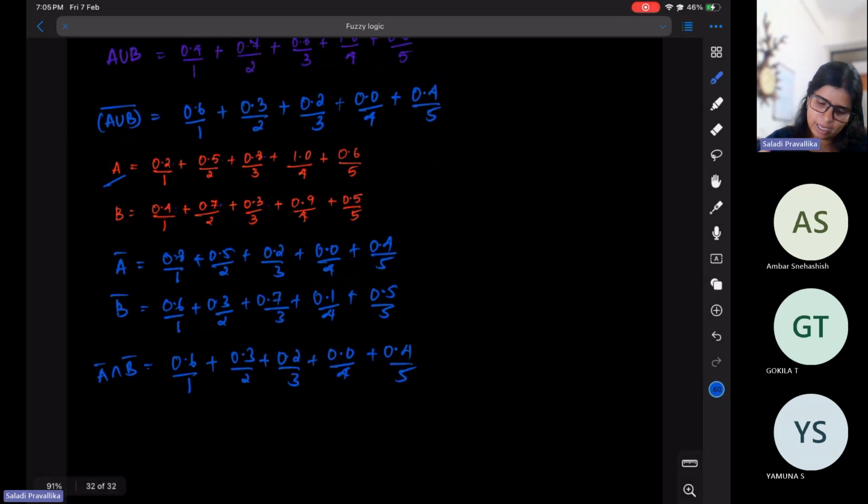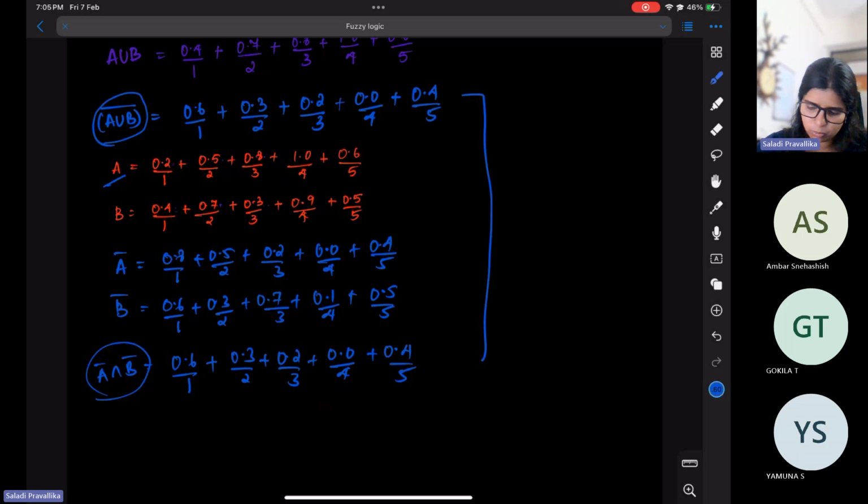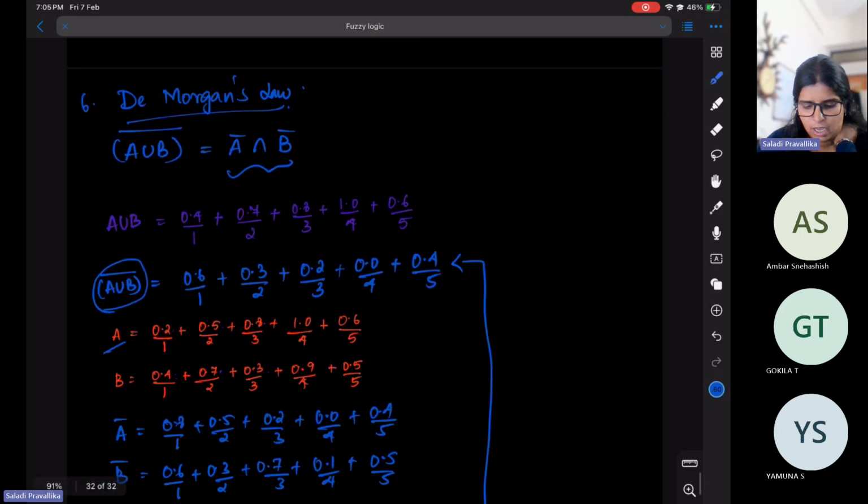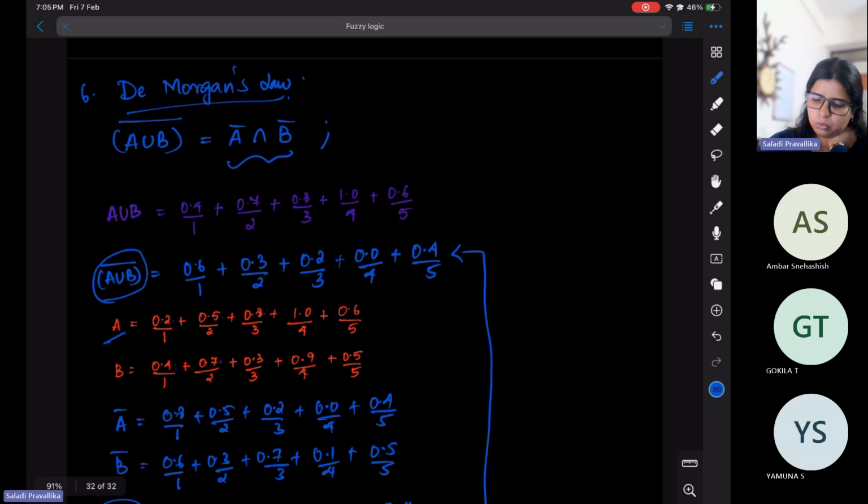So now we know A union B whole bar and we know A bar intersection B bar, right? So aren't both of them same? They are the same, right? So hence our fuzzy set also follows the property of De Morgan's law, right? So this is one De Morgan law.